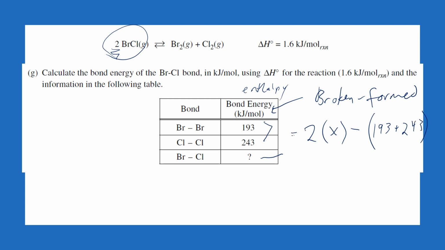And that's going to be equal to our overall in kilojoules per mole, so 1.6. So add that over to the 1.6 and divide by 2, and you'll find your value is 219 kilojoules per mole. Anytime you see bond energy or bond enthalpy, broken minus formed.